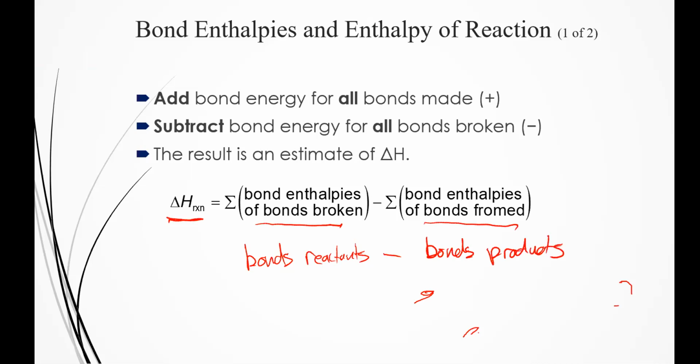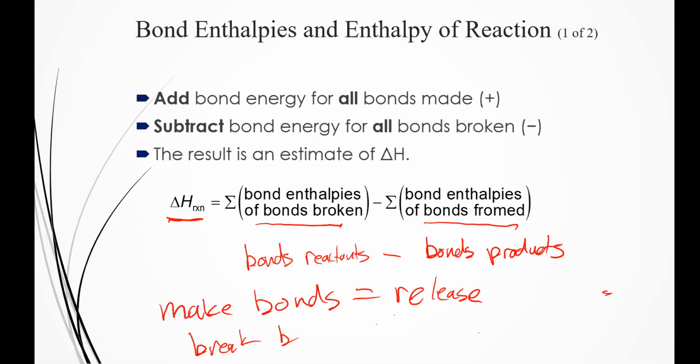And so it feels backwards, and that's because when you make bonds, you release energy. When you break bonds, you put in energy. And so that's why they can be a little bit backwards.